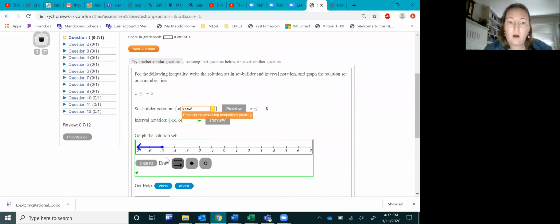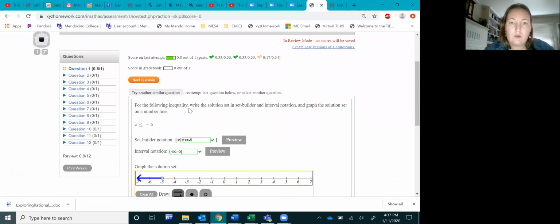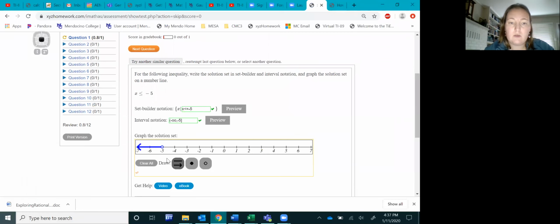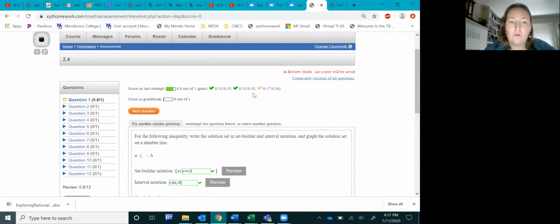Or if you got part of it right, sometimes you get partial credit. So let me do this with an open dot and like that. So you can see that these were correct. This was partially correct because they had from -5 on, you just didn't do the right thing. You didn't include -5, and so it gave you partial credit. And so you have a total of 0.8 on this.